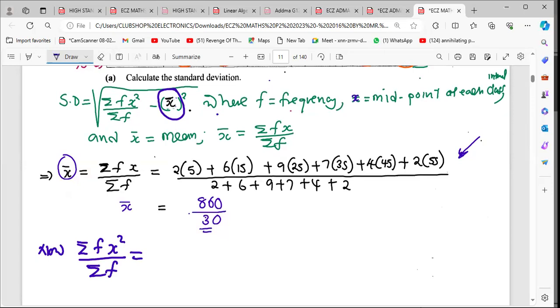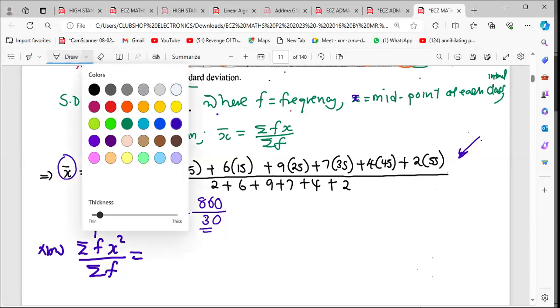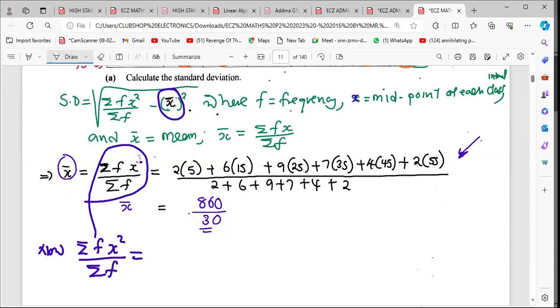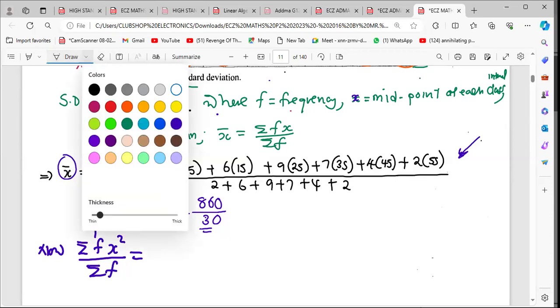Now, when you look at this one and what we are finding here, they look to be the same. The only difference is that here there is no power 2. Have you seen that? Yes, sir. The formula for x bar does not have power 2. It's okay?